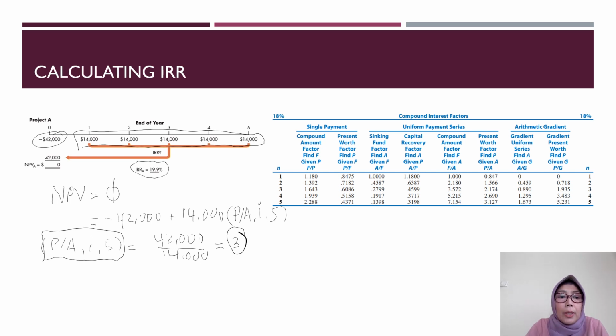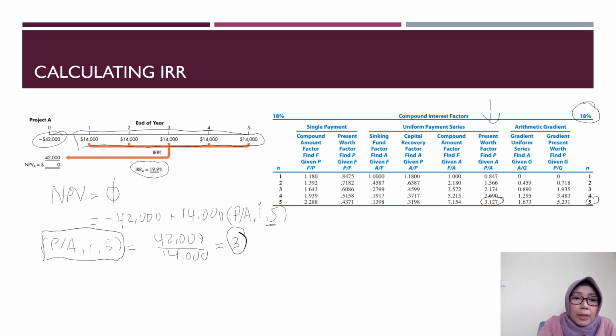Okay, so we have to find the column for P over A. This P over A is over here, and then we have 5 years, and this is 5 years. The number that crosses into each other is 3.127. This is for a discount rate of 18%.